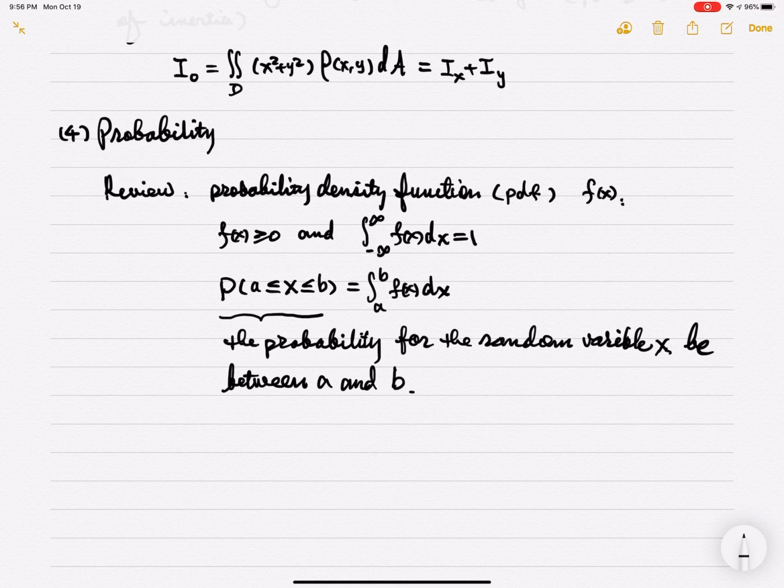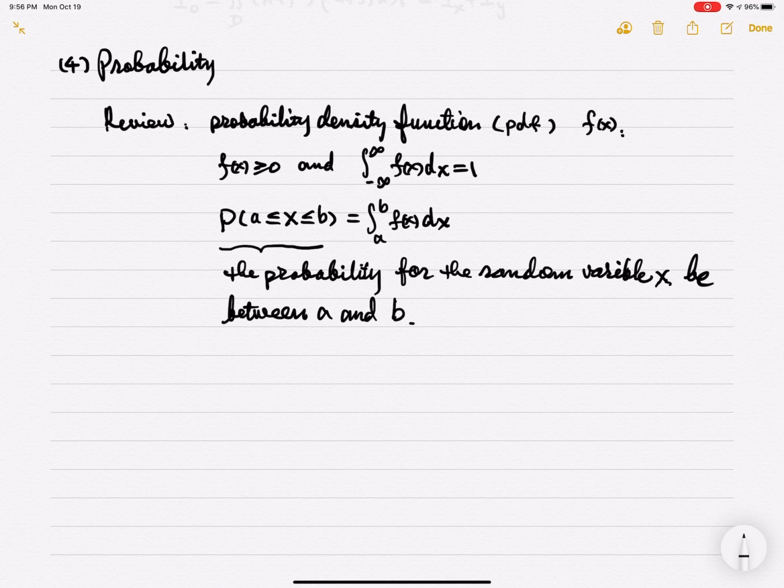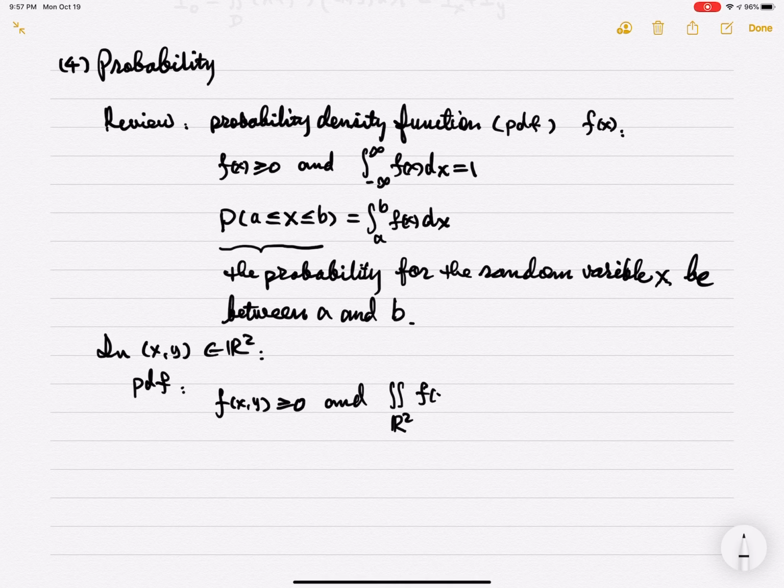So this is when we deal with a function of one variable. Now we have it in the xy-plane, instead of R. First of all, the PDF, probability density function: this function of two variables must again be non-negative, and the integral over R2 of f(x,y) dA must equal 1. So it satisfies those two conditions.